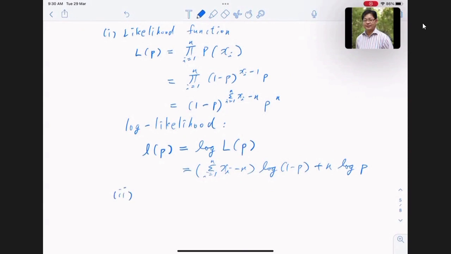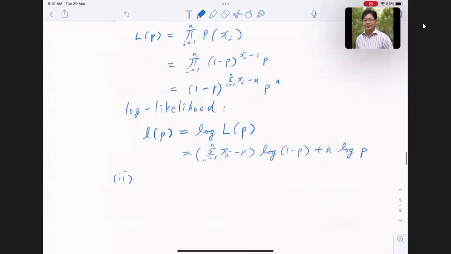And the second step to find the MLE is to find the value of the parameter such that this will attain its maximum. We can simply use calculus. So we differentiate the log likelihood function to find the value of p at which this derivative is equal to 0.